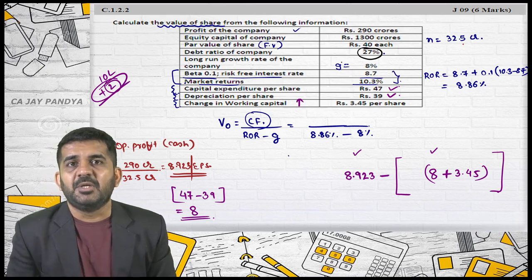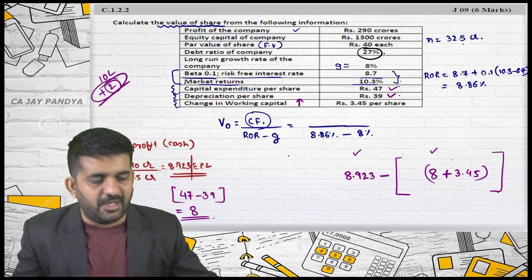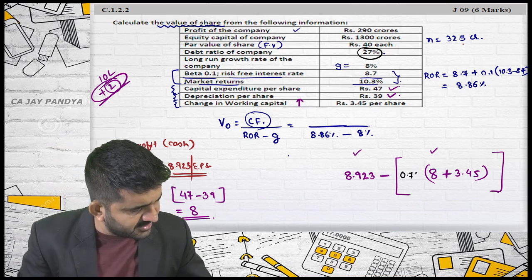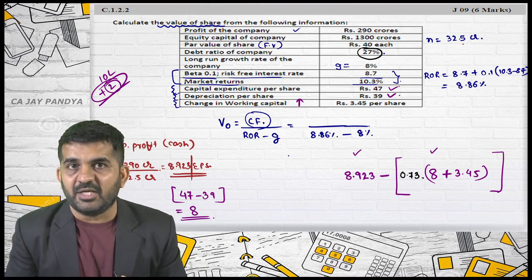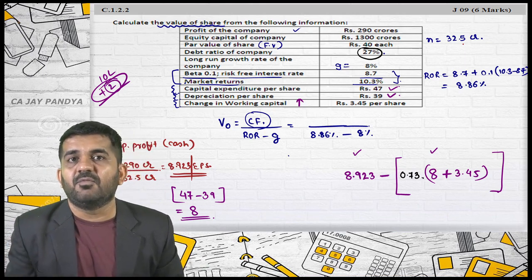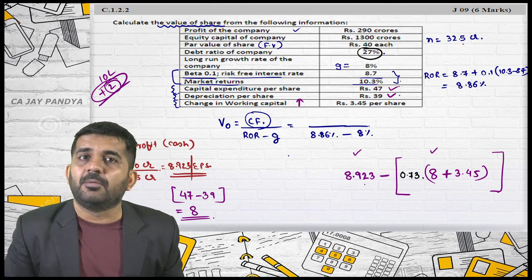What does this mean? The owner will not have to take out this whole amount from his pocket. He will have to take out only 0.73, that is only 73% of the money. Where will the remaining 27% come from? It will come from debt. They will borrow the money from the bank.